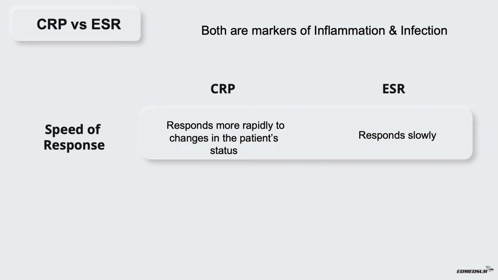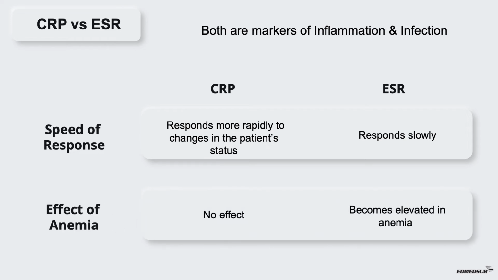So, the CRP rises rapidly within 4 to 6 hours of the onset of inflammation or tissue injury, when ESR is often normal. Similarly, it declines relatively rapidly with resolution while ESR may remain elevated. CRP level is not affected by anemia, while ESR becomes elevated in anemia.